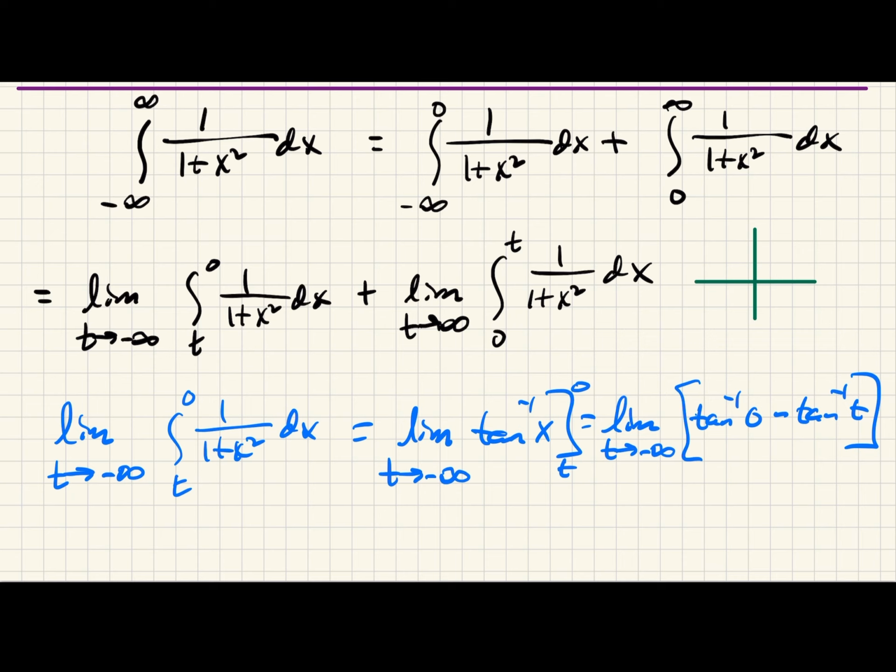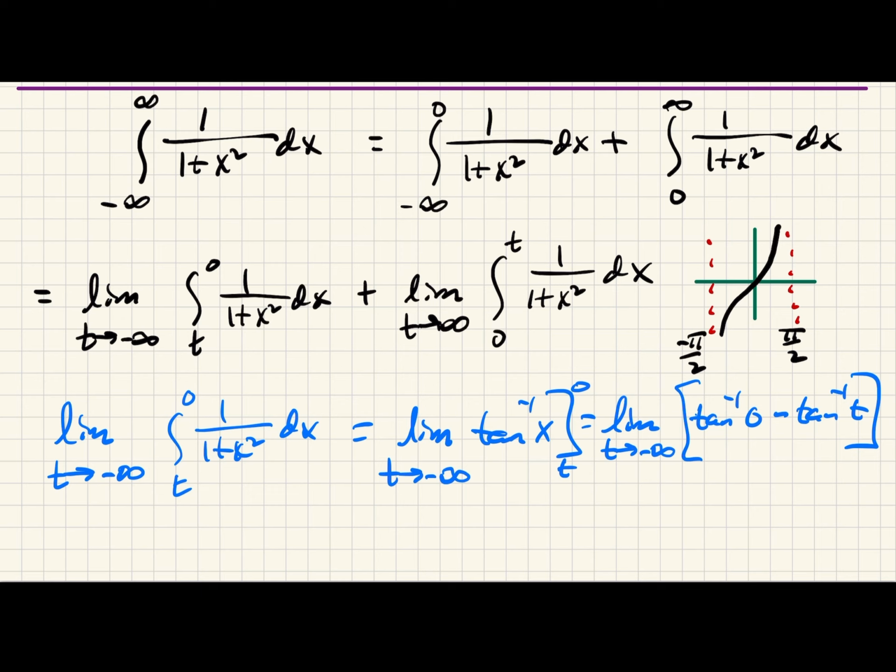I can do this in a couple of ways. I could think about the tangent function between minus pi over 2 and pi over 2. That's what that looks like. And remember, the inverse tangent takes the function value and what I get back is the angle.